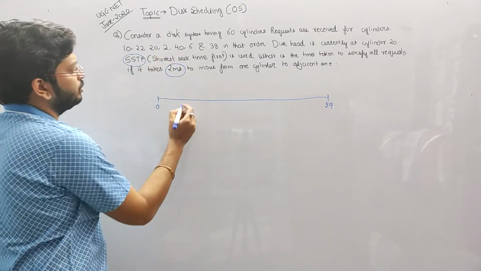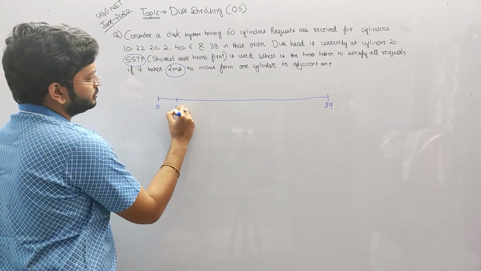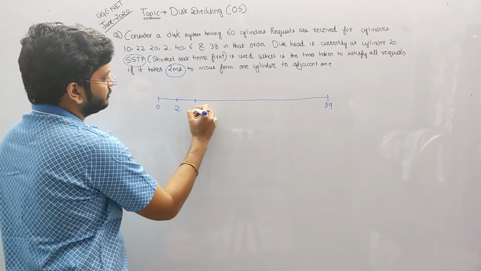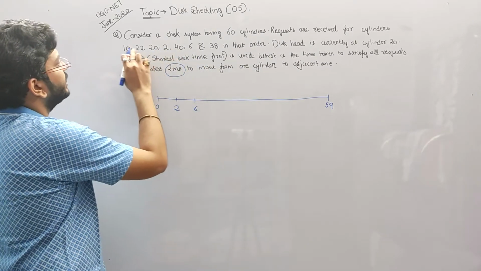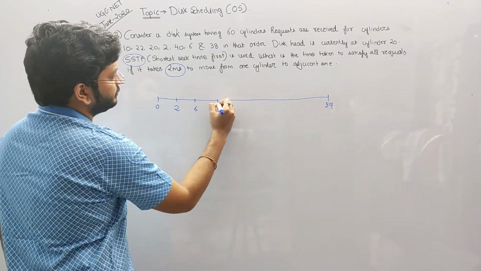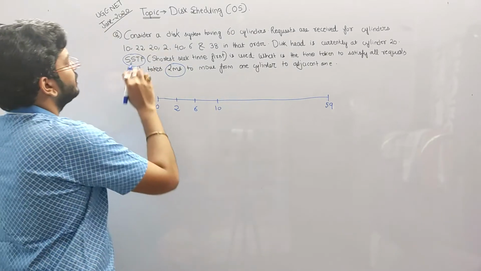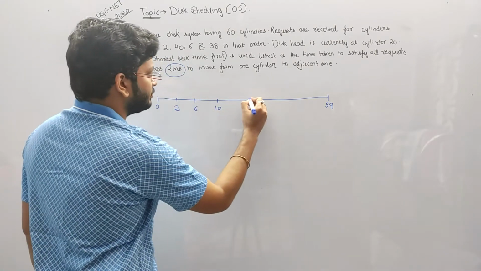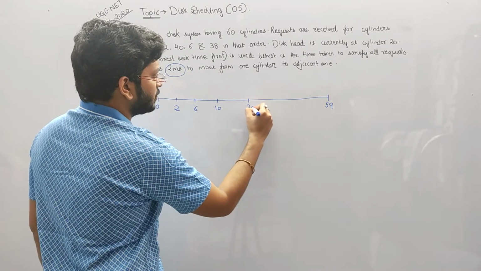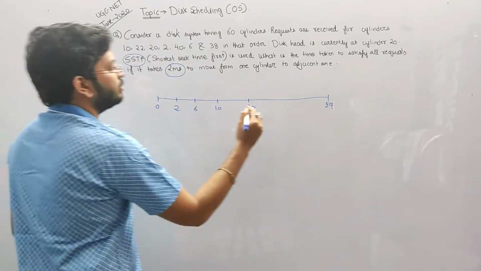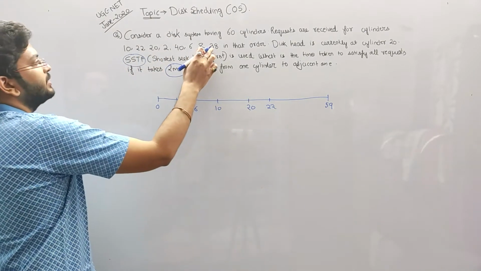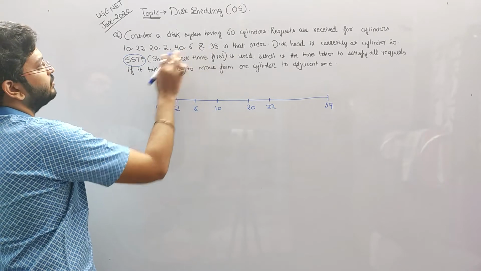So first I have 2, then I have 6, after 6 I have 10, then after 10 I have 20, after 20 I have 22, then I have 38 and 40.